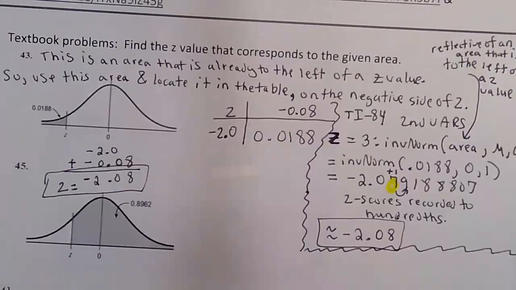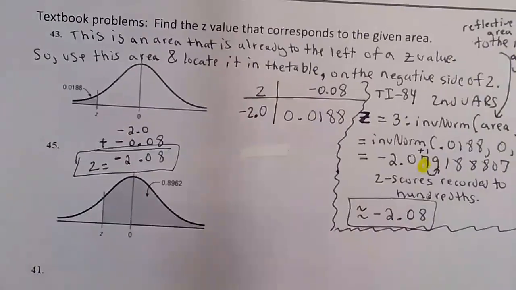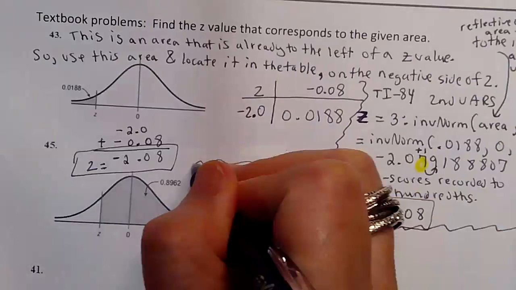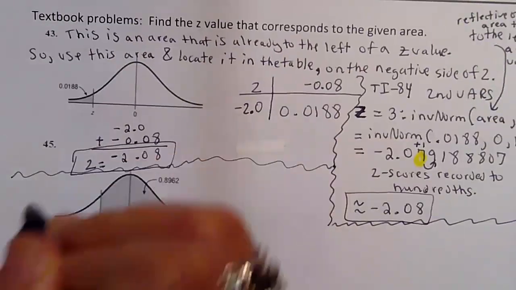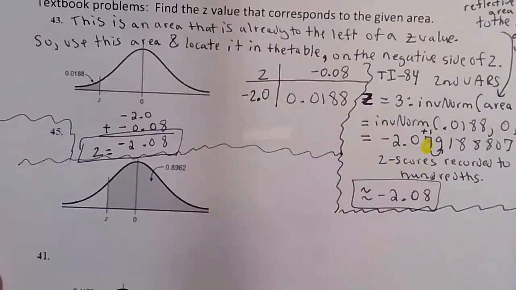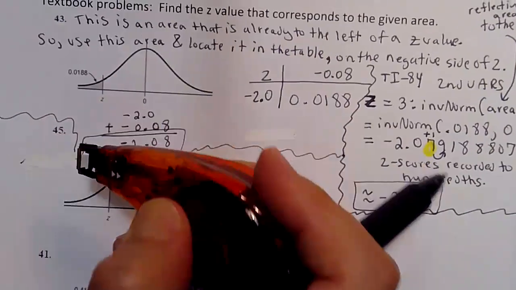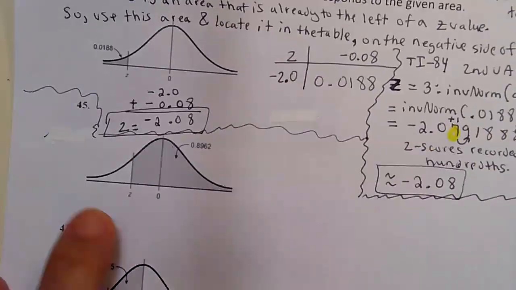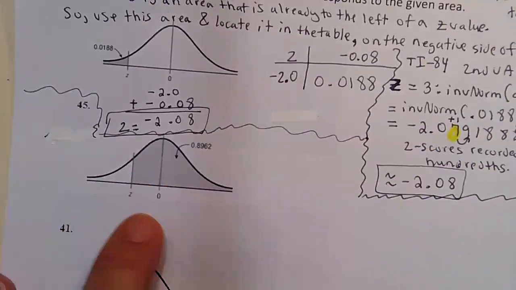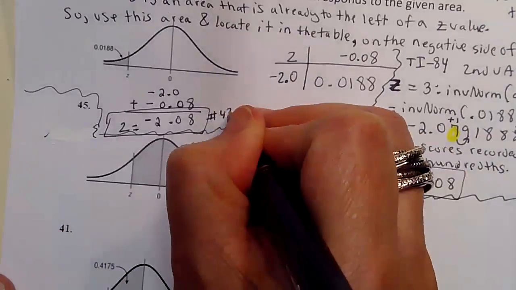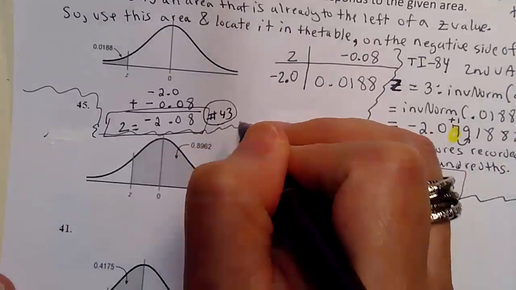Okay, now. Oops, 45. Here's 45. So this is for number 43.